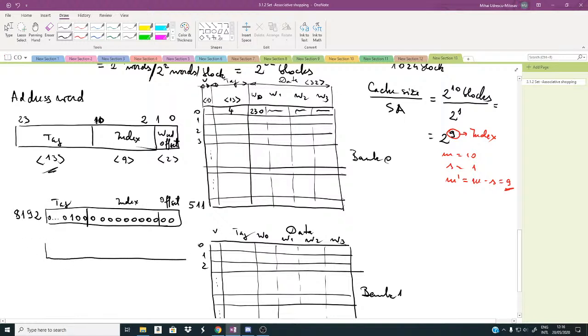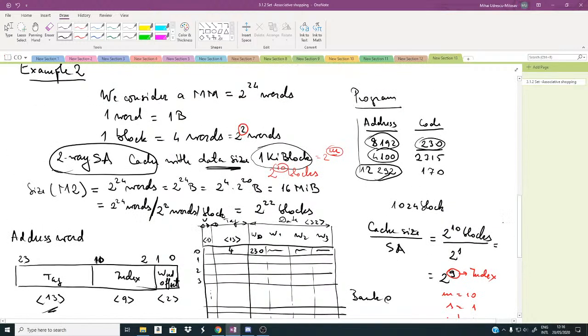Now, the instruction from the next address is 2 to the power 12. So the address is this one, 96 plus 4, which is 2 to the power 12 plus 2 to the power 2.